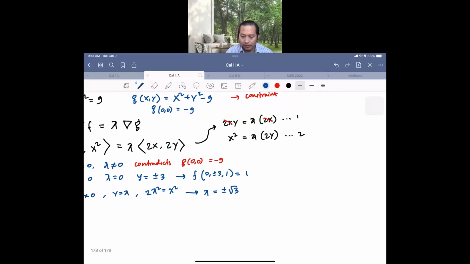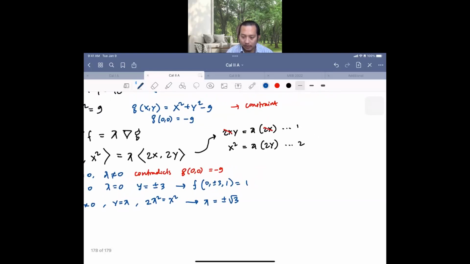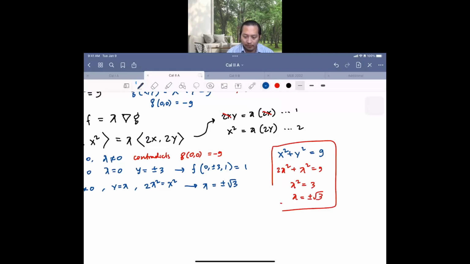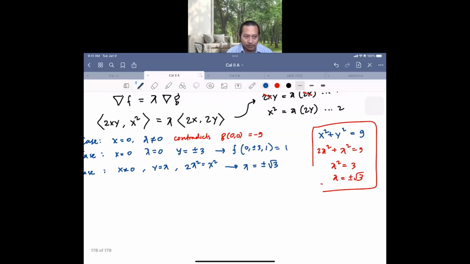If we solve through the circle, g, this is 2 lambda squared plus lambda squared equals 9, so lambda squared is 3. So lambda is plus or minus square root of 3.